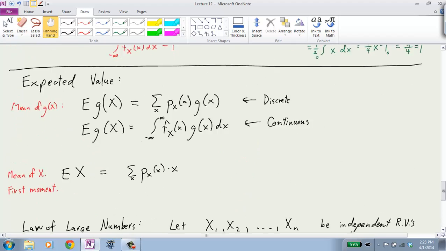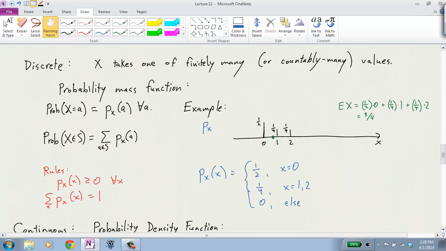So let's look at these again. We could calculate the second moment of this, but I'll leave that exercise to you if you want. Let's calculate the variance. We've already calculated the mean, so the variance of x equals the expected square deviation from the mean, which is 3/4. So let's go through that.